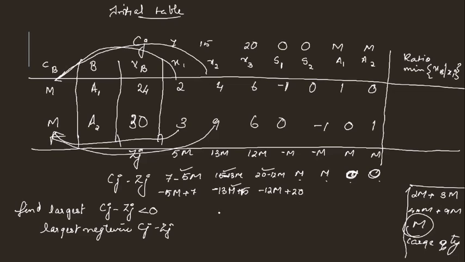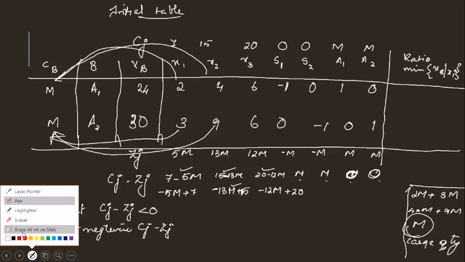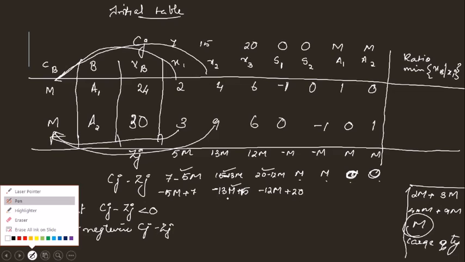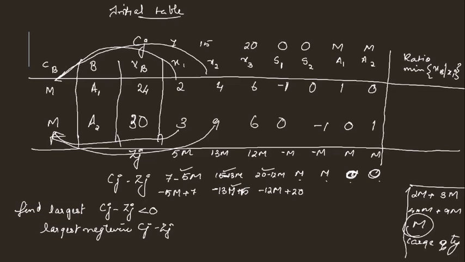Obviously this one, minus 13M plus 15. When you multiply minus 13 with a very large quantity, that is M, you will get a very big negative quantity.